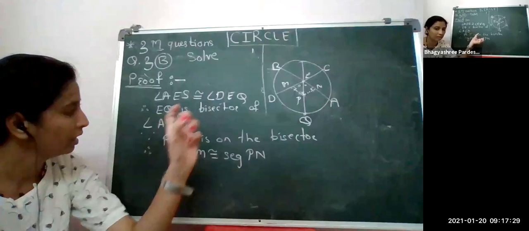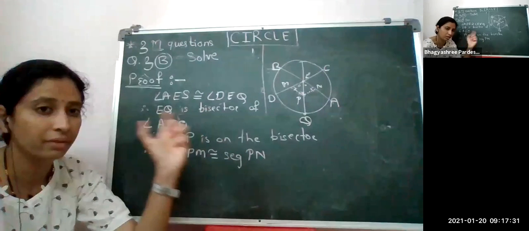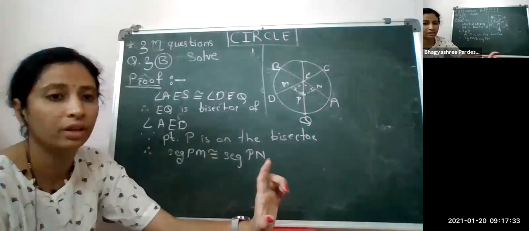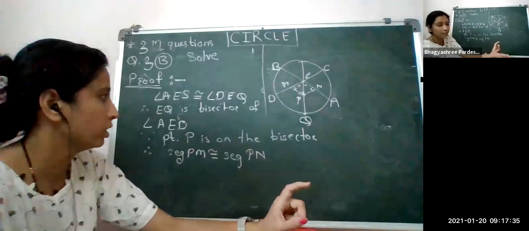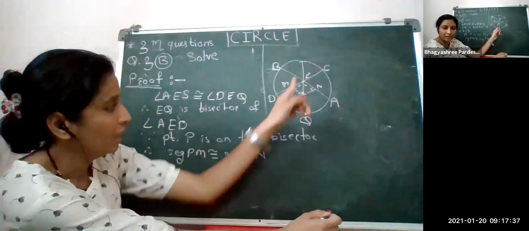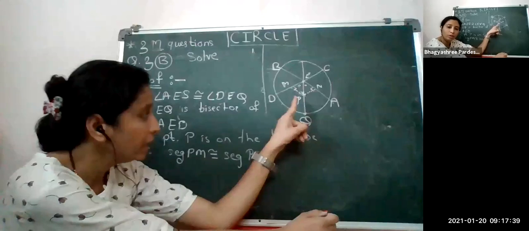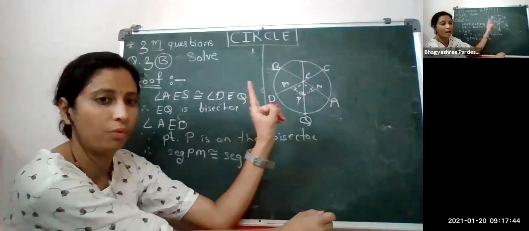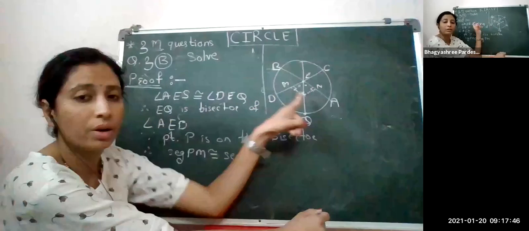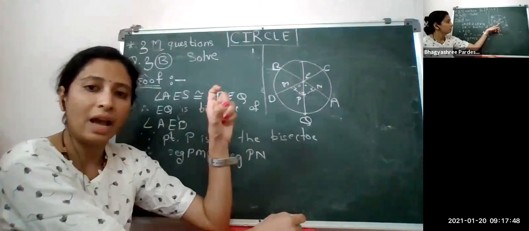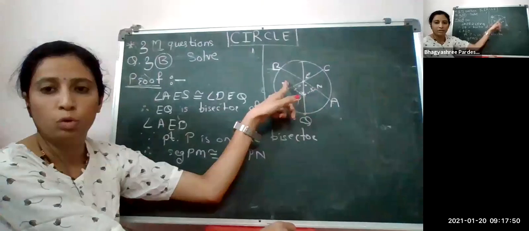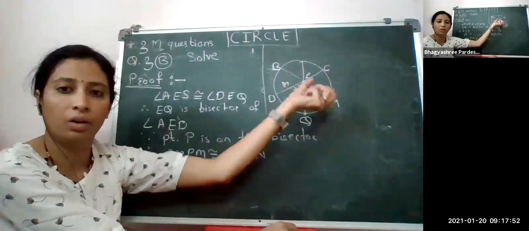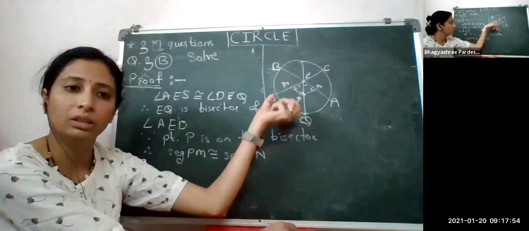It's very easy. Remember this thing, and this is very, very important. We have solved this type of question in a practice set also. If any point is lying on the bisector of an angle, then the two segments on the sides of the angle are equal.